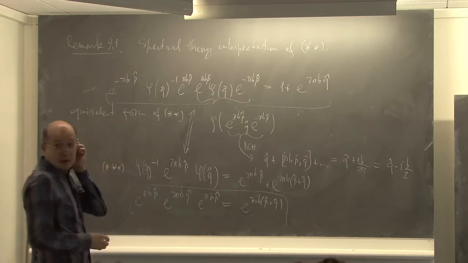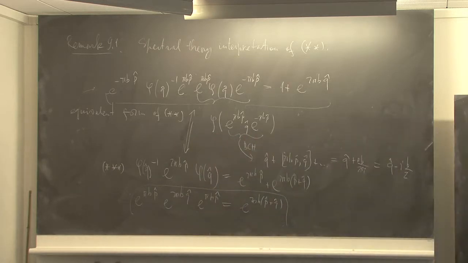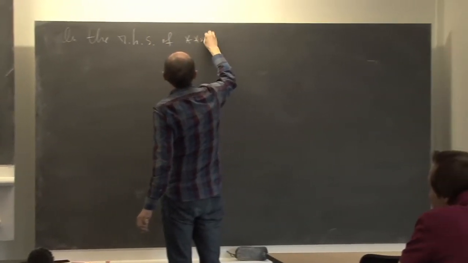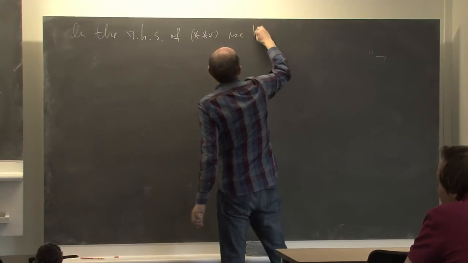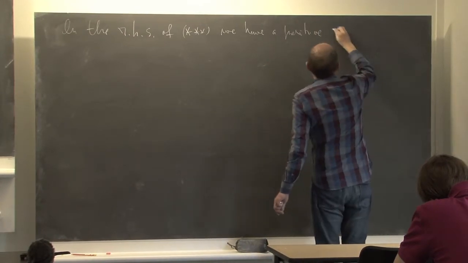And it has a spectral meaning. So let us look at the right-hand side. What do we see on the right-hand side of this equation? In the right-hand side of triple star, we have a self-adjoint operator.